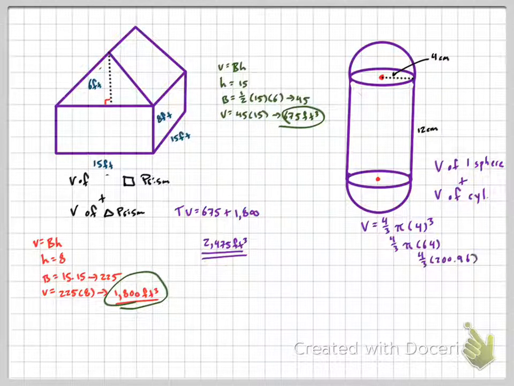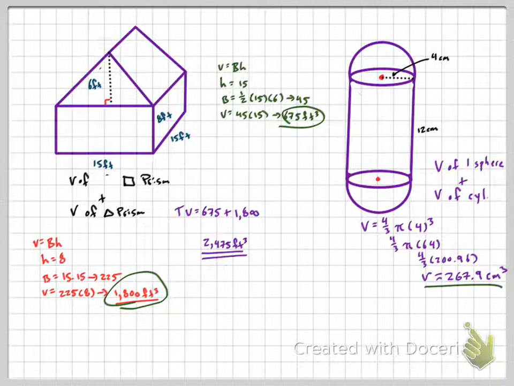And like I said on the previous one, do 200.96 times 4. That gives us 803.84, and then divide that amount by 3. So our volume of our sphere is 267.9 centimeters cubed. We're going to come back to that after we find the volume of the cylinder.